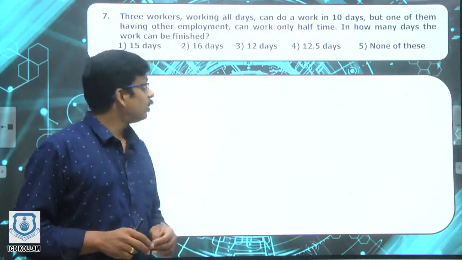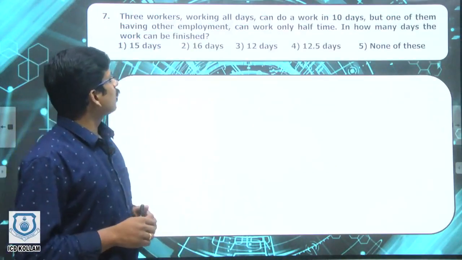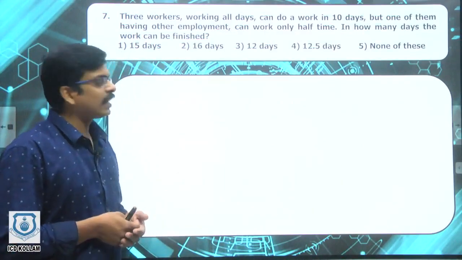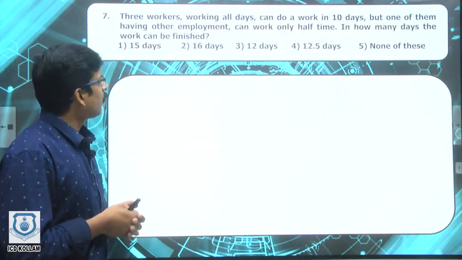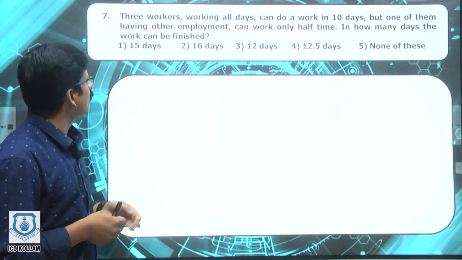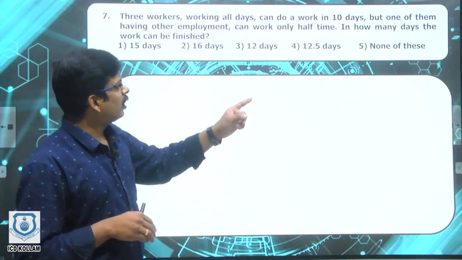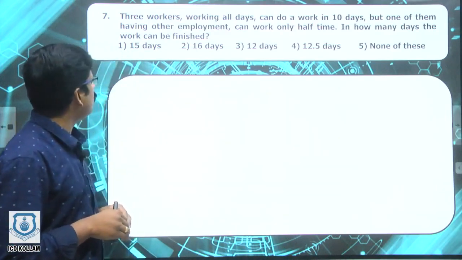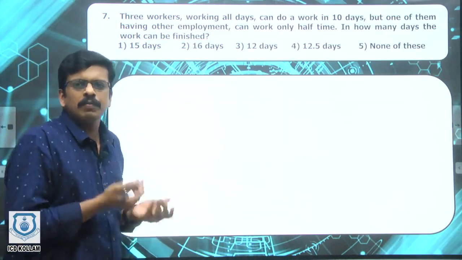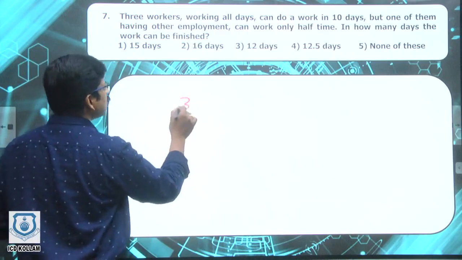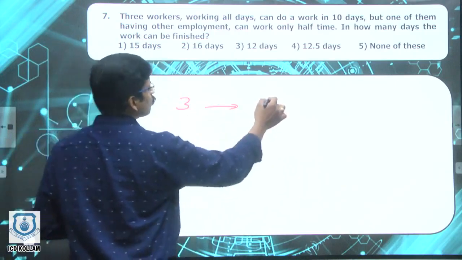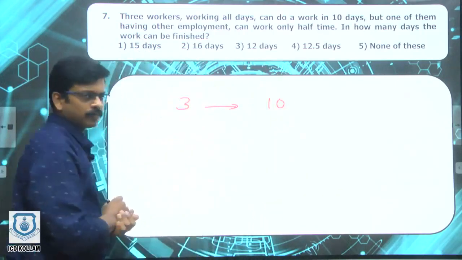Question number 7. 3 workers working all days can do a work in 10 days. But one of them, having other employment, can work only half time. In how many days can the work be finished? This is a very simple question. If 3 workers are there, then the work is finished in 10 days.